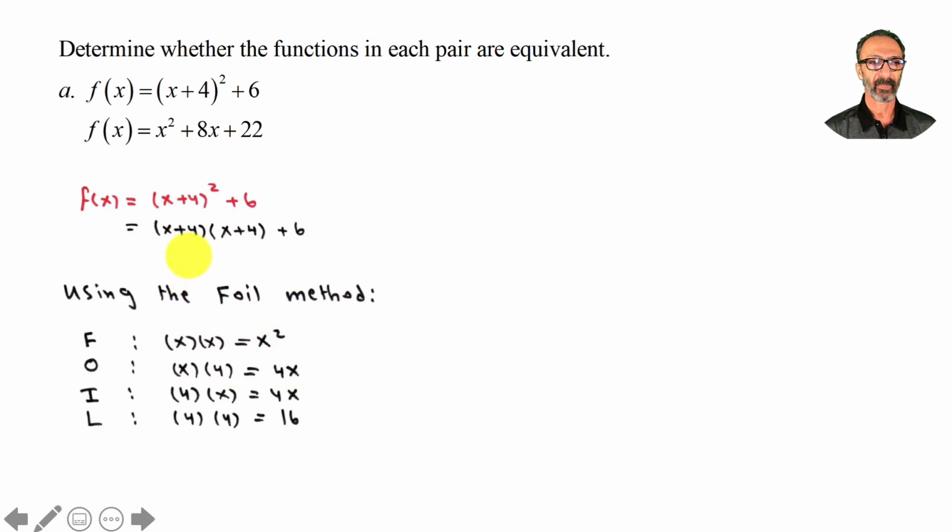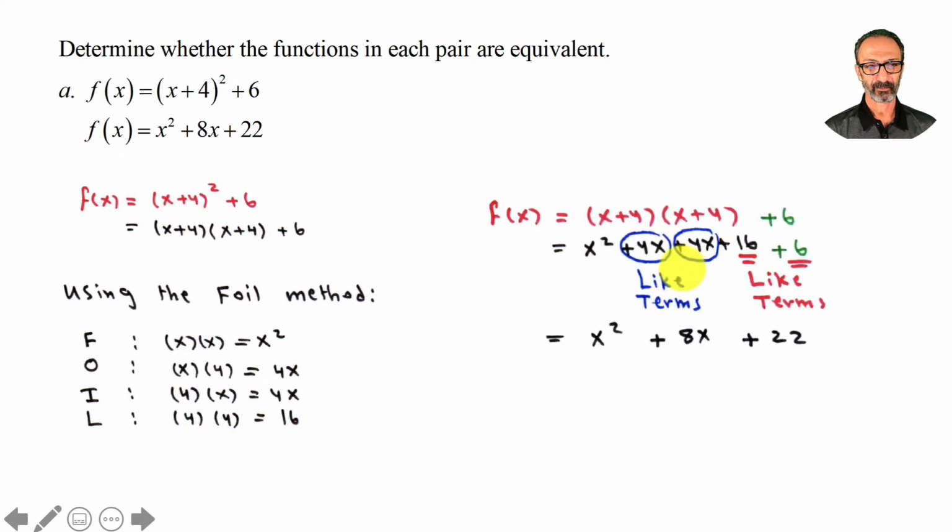Look at the inner ones. The inner are inside, the shortest distance between them. 4 times x, as you could see, which is 4x. Last, the last one times the last one, that's 4 times 4, which is 16. Now, put this together right here. I notice that these two are alike, so I need to combine them.